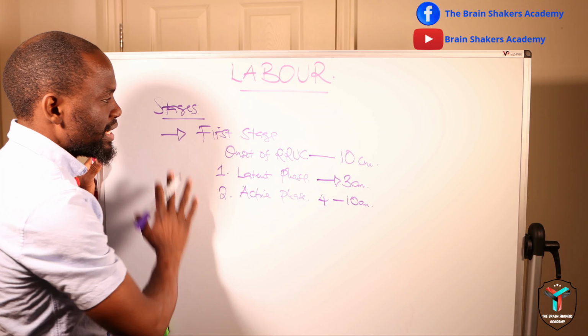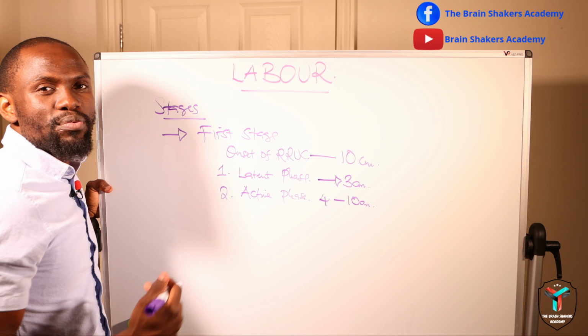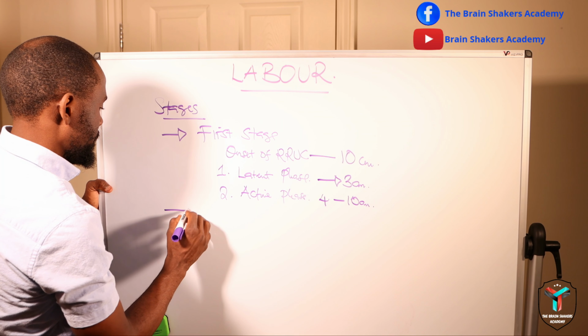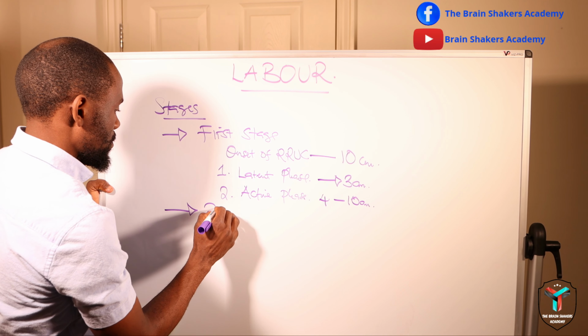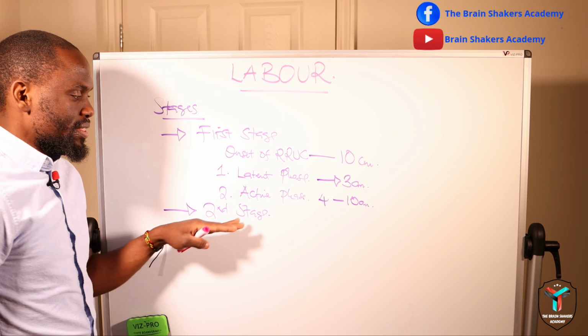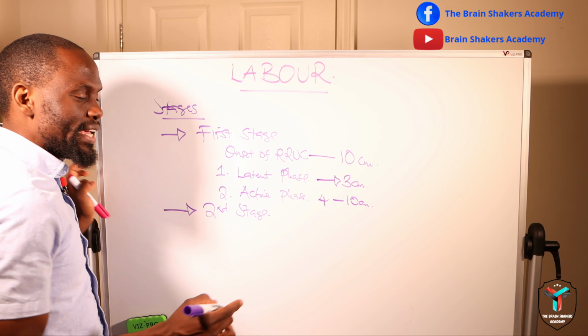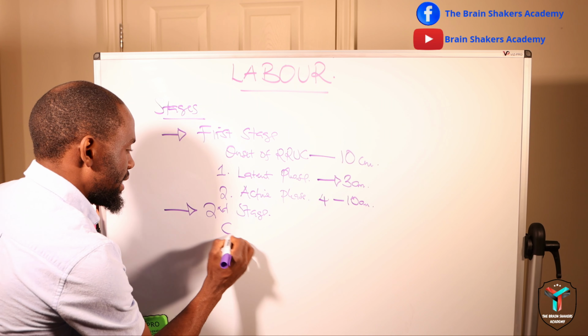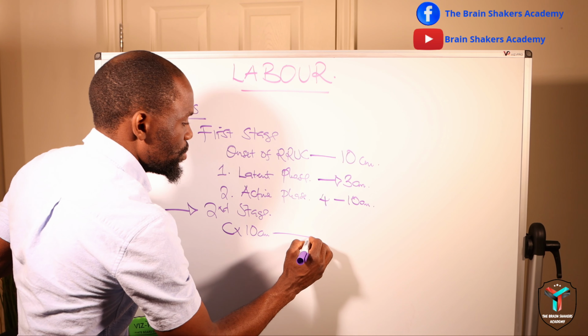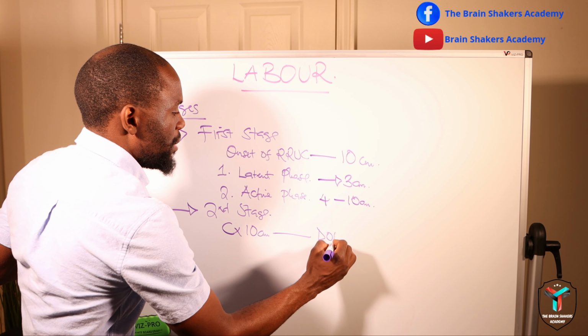Now, having looked at the first stage of labor, then we have what we call the second stage of labor. Okay, so the second stage of labor is from 10 centimeters dilated, that is when the cervix is 10 centimeters dilated, to the delivery of the baby.